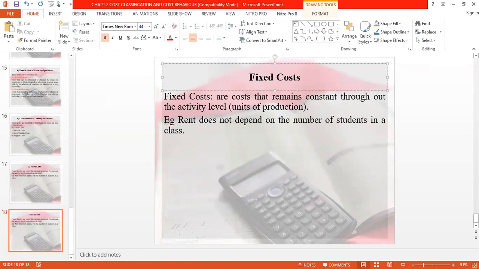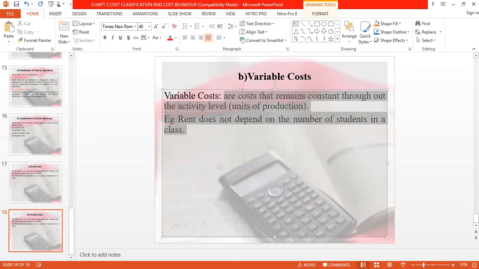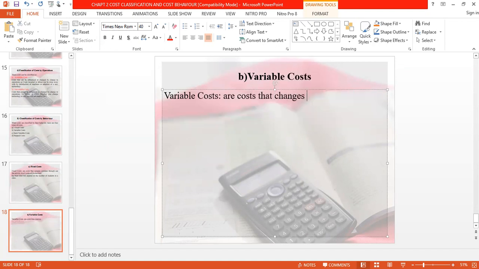Number B, we also have what is called variable costs. So variable costs are costs that change with change in activity level.